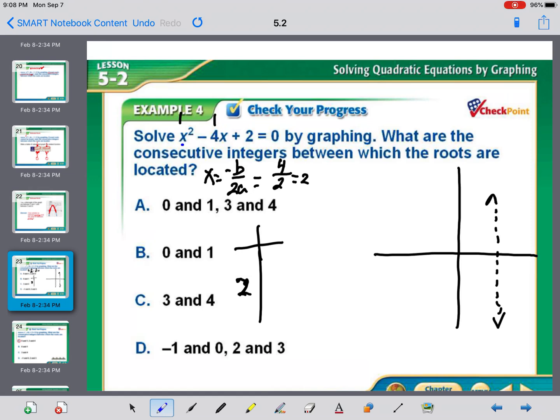So if I plug the 2 in, I get, change my color for emphasis, x squared, that would be 4. Put the 2 in here, you get minus 8 plus 6. And that is positive 2.